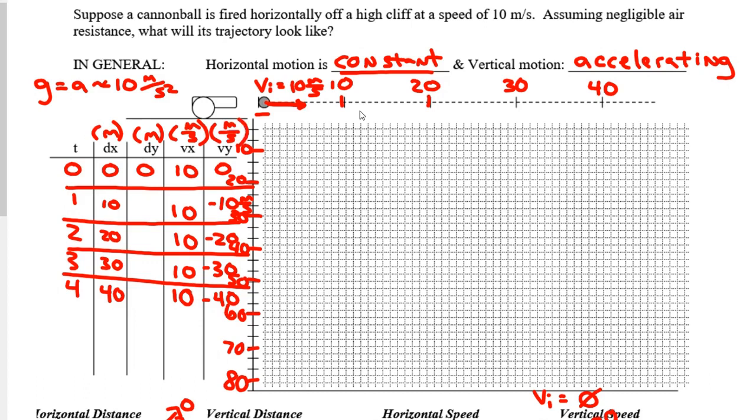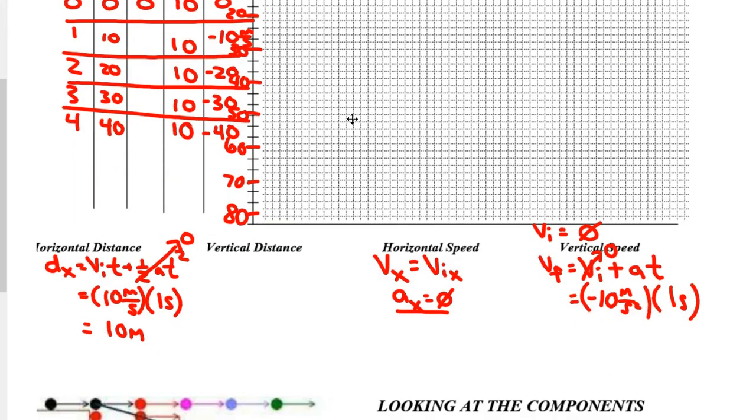Now the vertical distance, and this is where things get interesting. We're going to use that same equation, d equals Vi t plus 1/2 a t squared. But what's neat about this is that in the vertical, our initial velocity is 0.